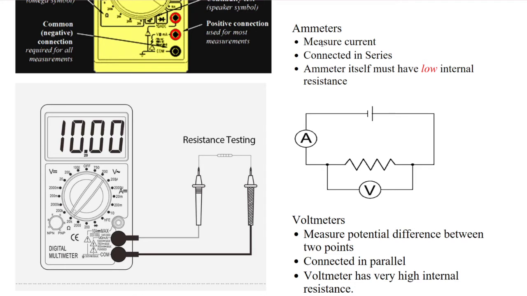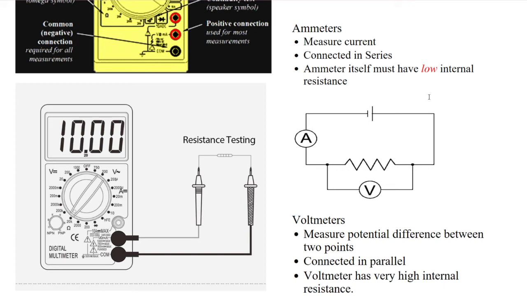An ammeter measures current, and as you know, it is connected in series within the circuit where you want to measure the current. In order for current to pass through this ammeter connected in series, and to get the reading of the current at that point, the ammeter itself must have very low internal resistance.